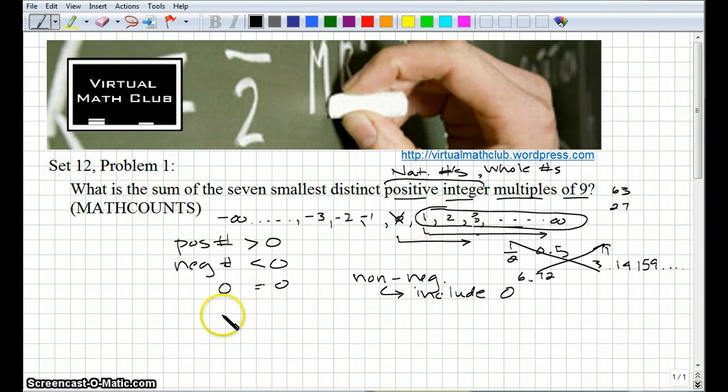And so we're just looking at 1 times 9 and 2 times 9 and 3 times 9 and so on, all the way up to 7 times 9. So that gets you started. If you want to stop and work on it some more, you can. But I'm going to go ahead and give you the solution now.